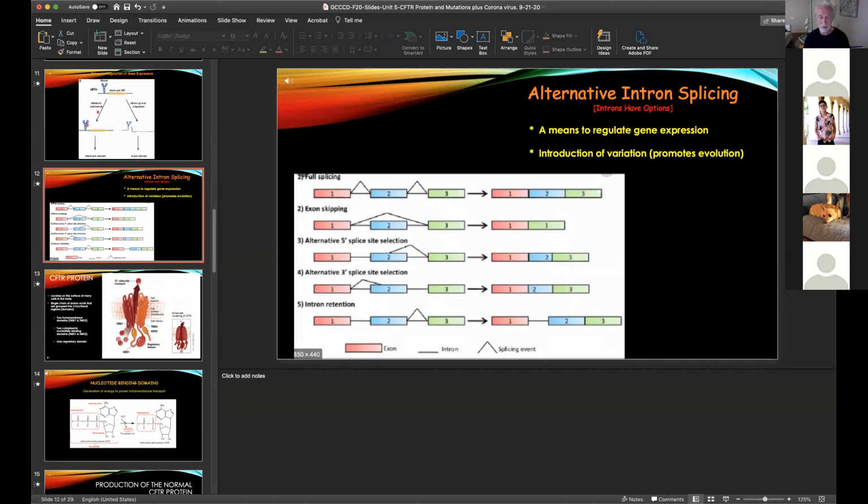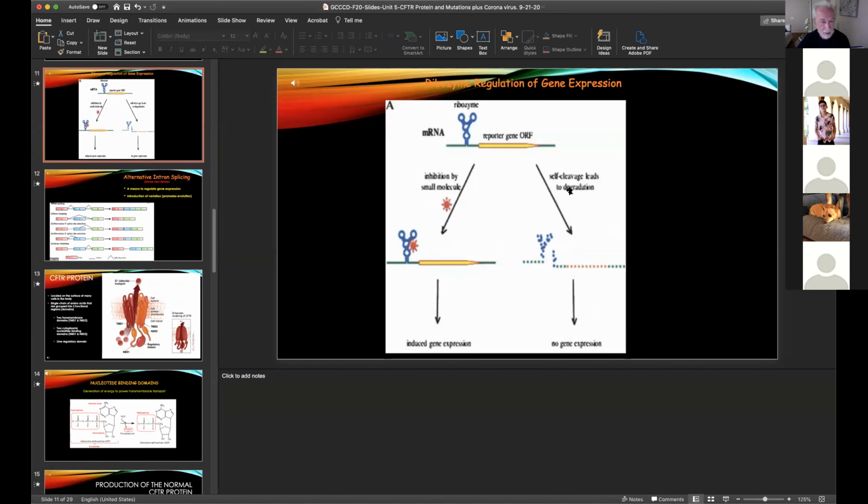Another level of gene regulation. One more time, what was that? What is that determined again? In this slide, what's determining it? Yes. It says inhibition by small molecule. It doesn't have to be a small molecule, but anything that inhibits the ribozyme will allow the gene to be expressed, because the ribozyme isn't active if it's inhibited.